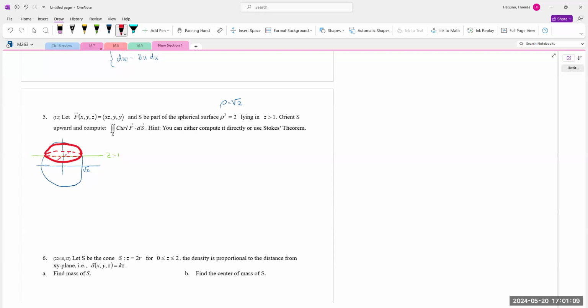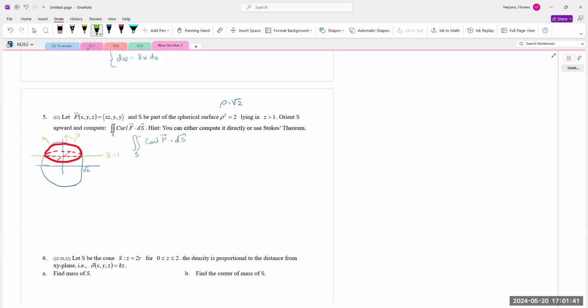Now orient S upward and compute the double integral over S of curl of F dot dS. Now you can either compute it directly or use Stokes theorem. In fact, I will not compute it directly. I will use Stokes theorem first. The orientation is upward.